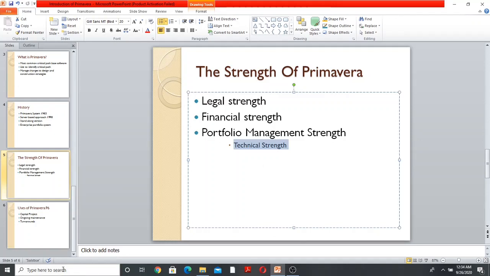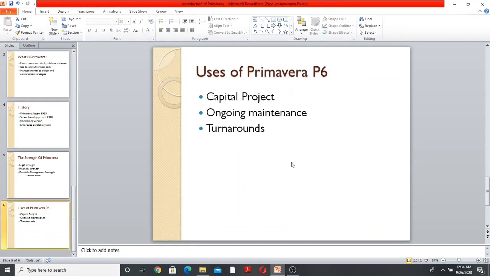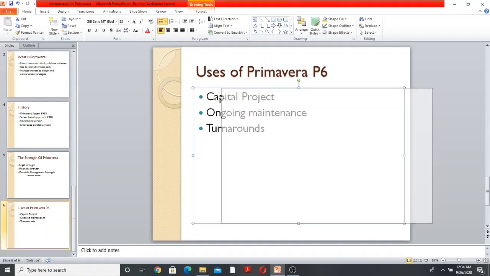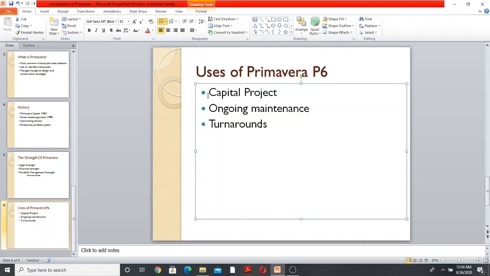So now we will talk about the uses of Primavera P6. First use is capital projects. P6 is used to manage the execution timeline and cost and resource estimates for capital projects.